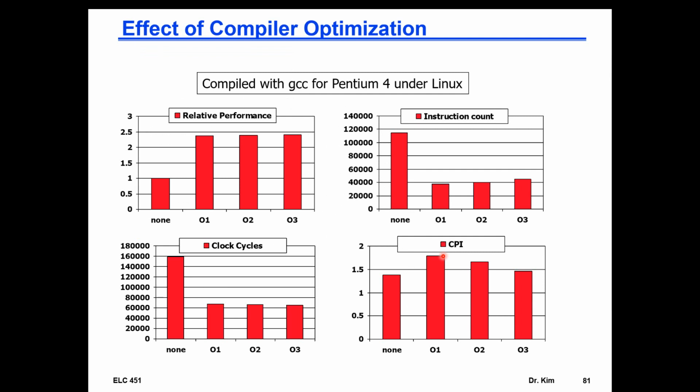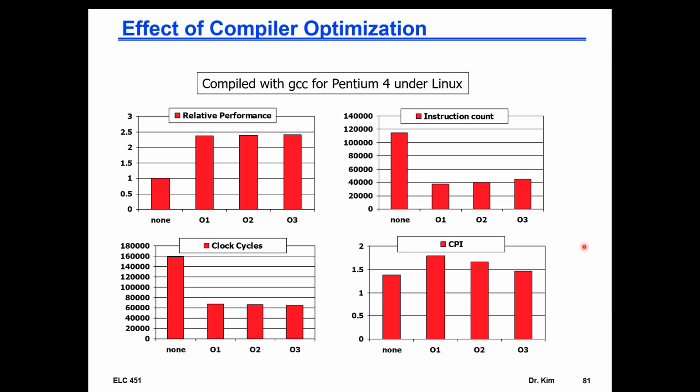Now let's talk about the effects of compiler optimization. So I've explained the rudiments of compilation, but compilers do much more than that. They actually do optimization. That's really where they excel.